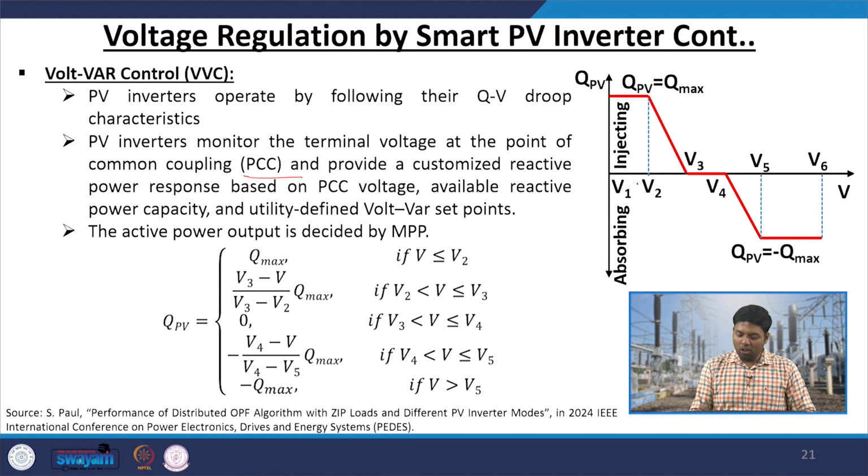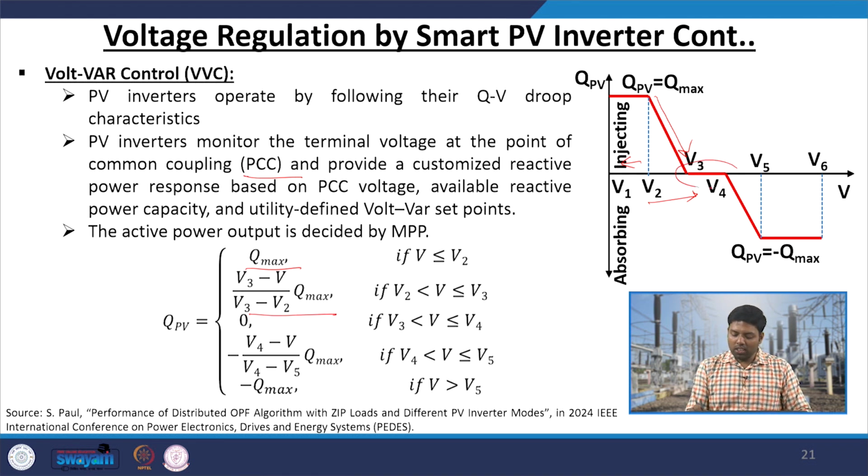So, if your voltage is very low, at that time you will give maximum support, so you will give maximum reactive power output. But if your voltage is increasing from the minimum to the rated value, then you will linearly decrease the reactive power support, and that is given by this expression.